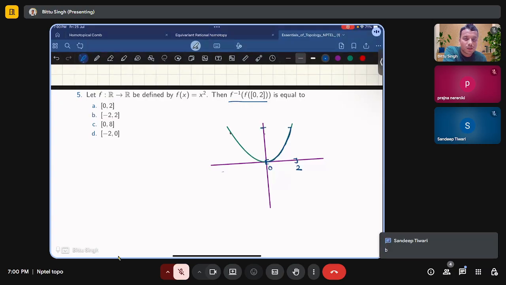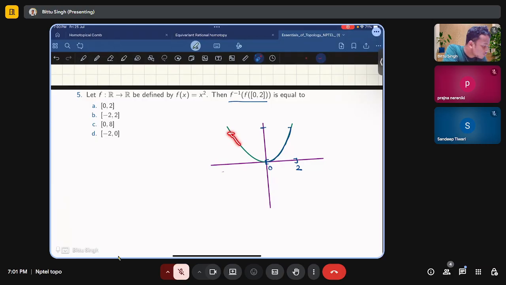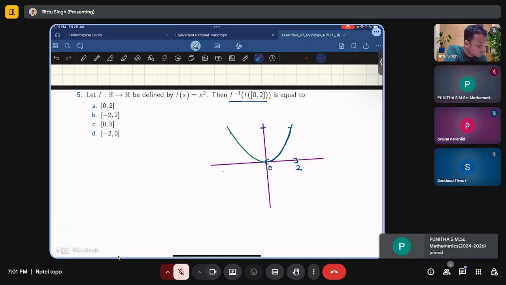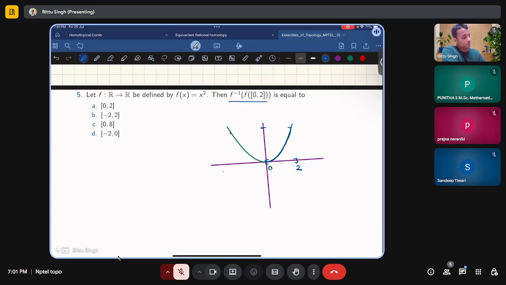Then we are taking the pre-image again. So the pre-image will also contain this left hand part, right? Because the image of this part is also [0, 4]. Okay, so let me write it precisely. We have f of [0, 2].